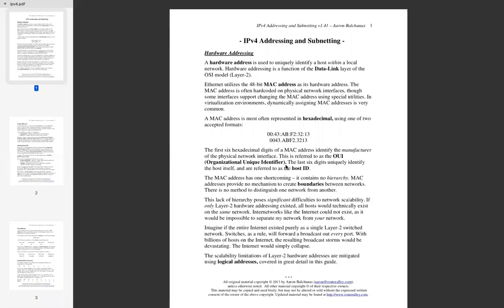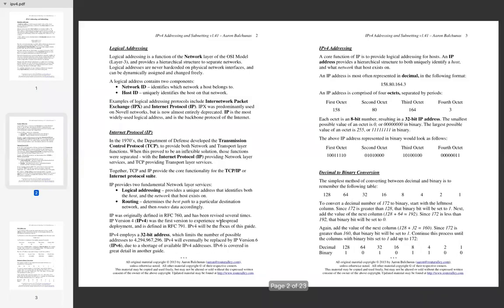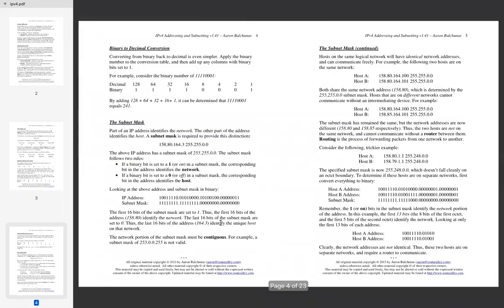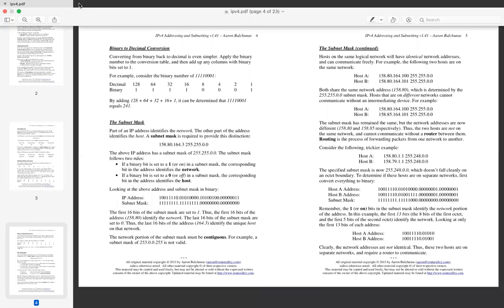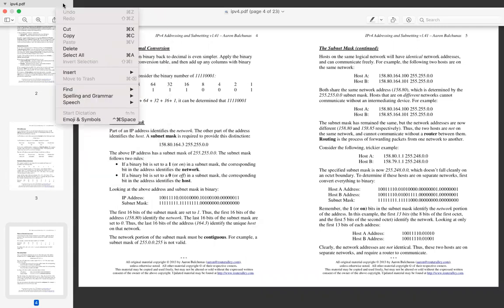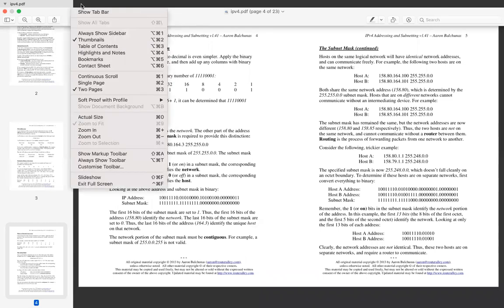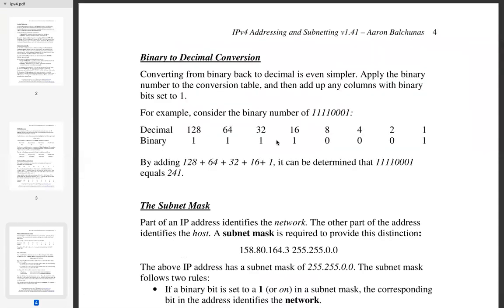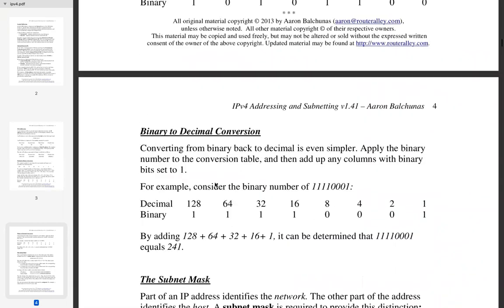Where is page 3? Okay. I want you to watch something very carefully here. Let me make it continuous. This is how to calculate the IP address of a network.